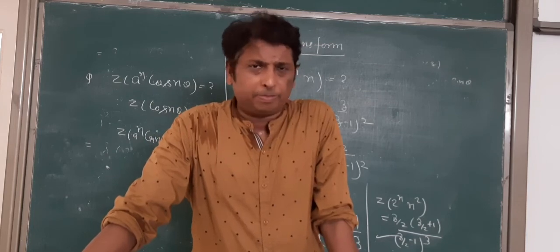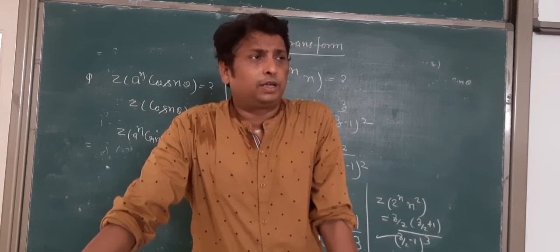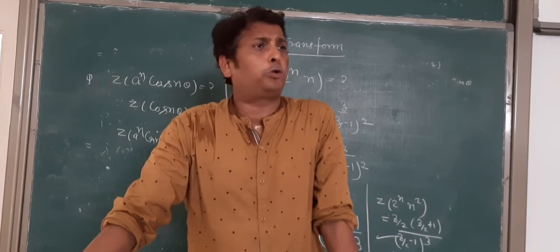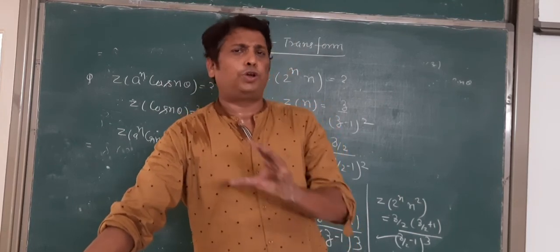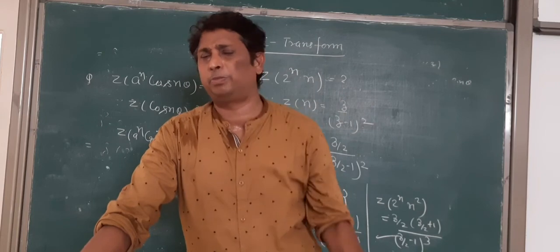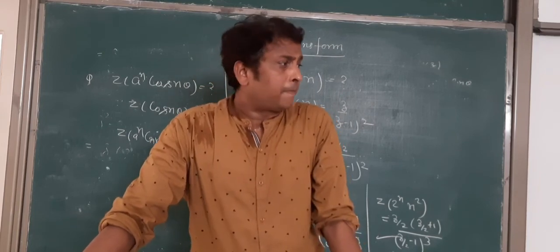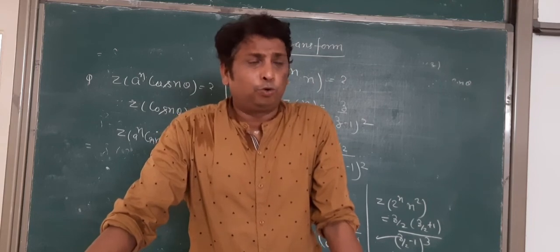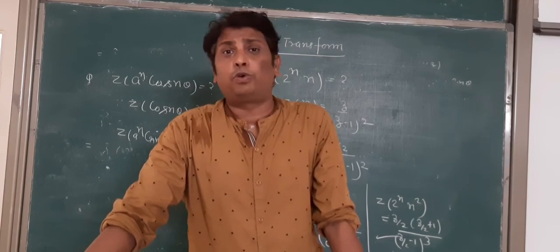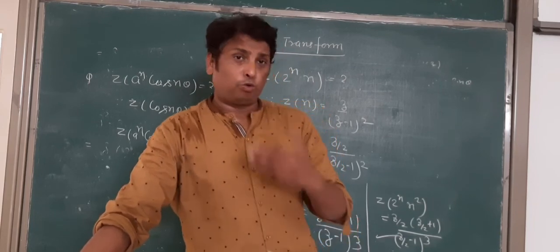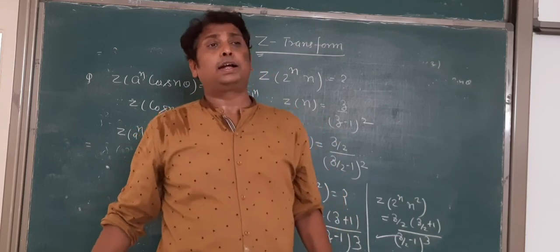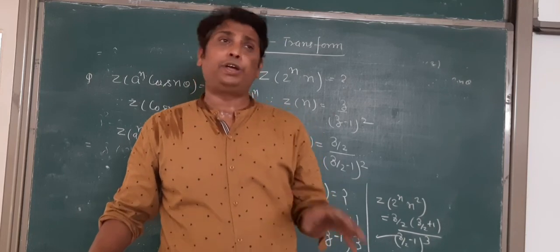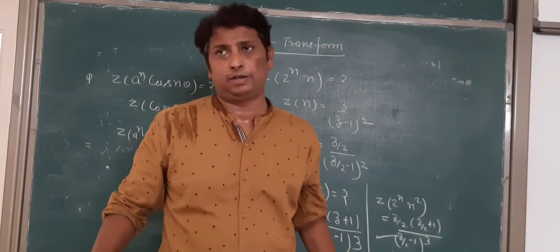I think combination type is better, because permutation is not there. I'm not going to calculate the z transform for permutation. I'm just going to calculate z transform of some combination type, like n plus 1 C n, that type we will do, and then we go for some more properties like the shifting property of z transform and when it is multiplied with n.